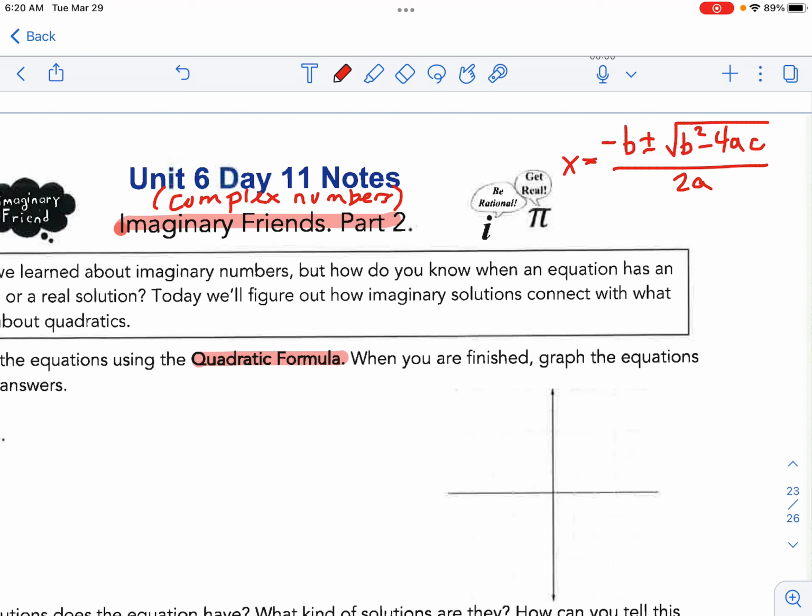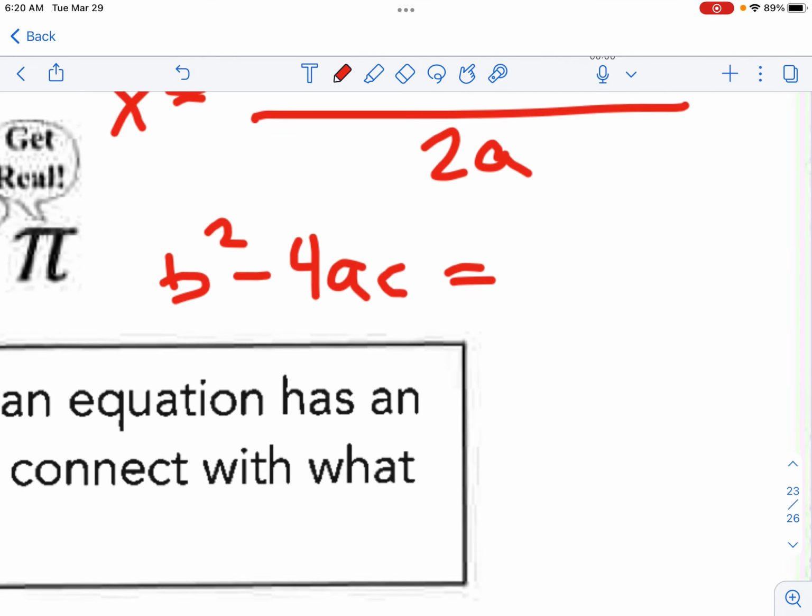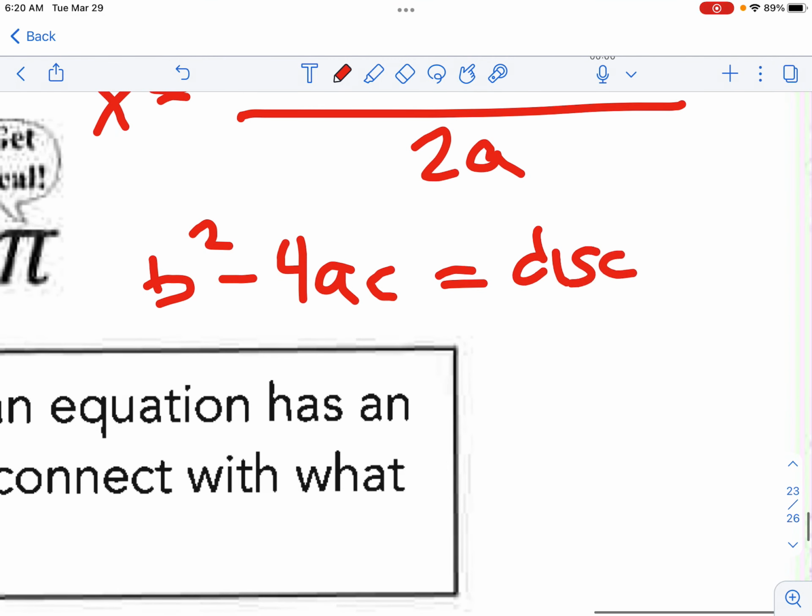A component of this formula is the pattern of b squared minus 4ac, and we call that the discriminant.